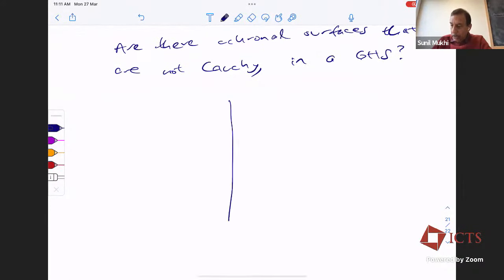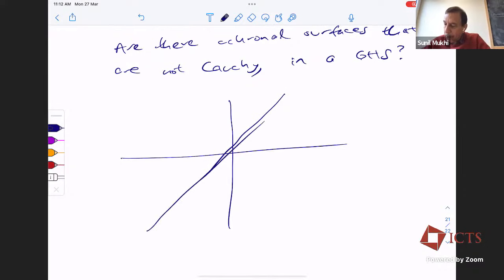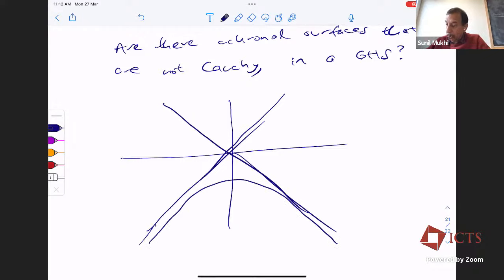This I got from Witten, but it's actually quite simple to construct. And as usual, we always fall back on our good friend Minkowski spacetime. And what we'll do is draw this hyperboloid. This one.